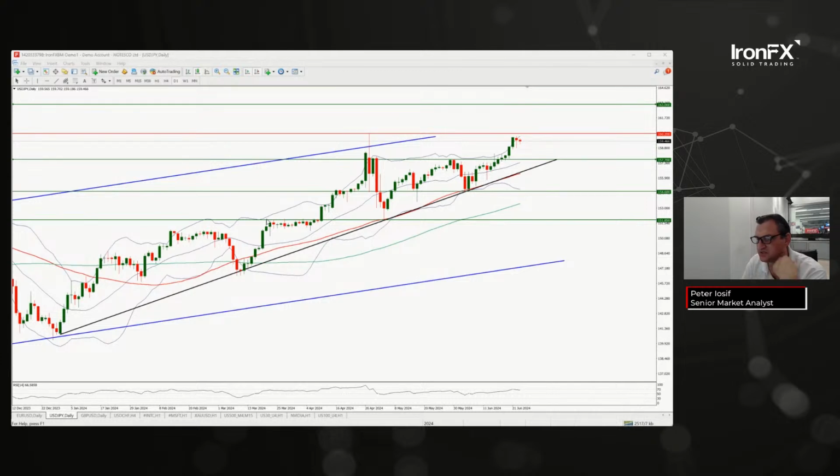Placing the second resistance line at 163 based on volatility. However, let's wait and check this before we actually move on. And the $166.